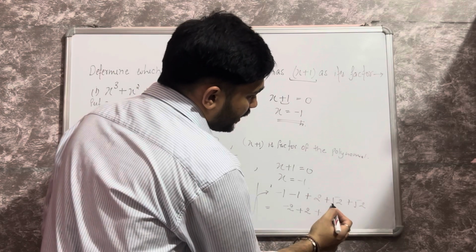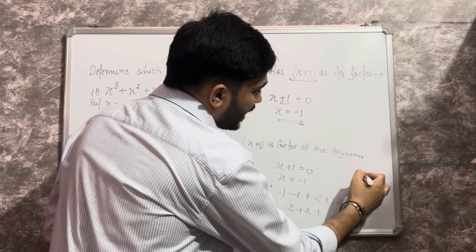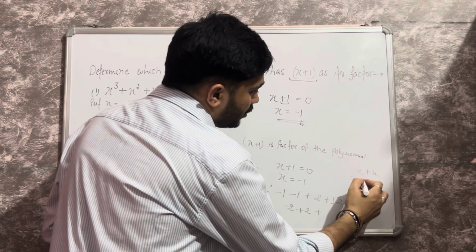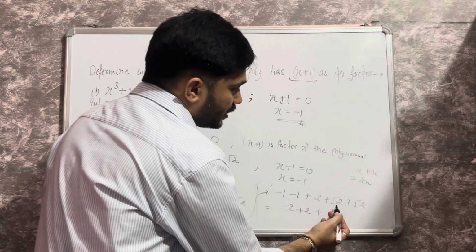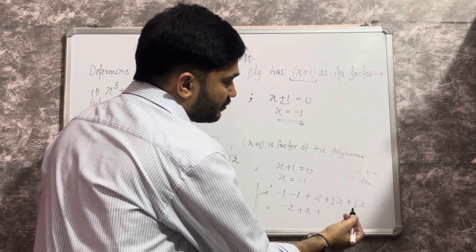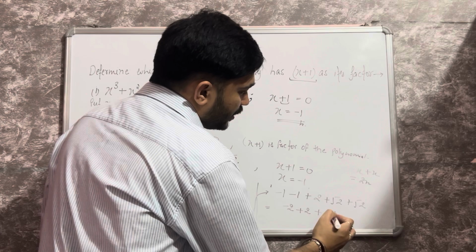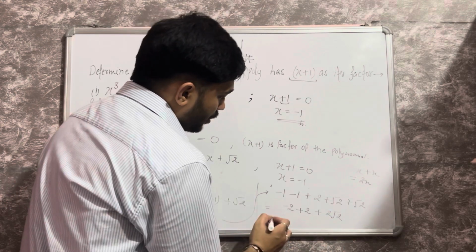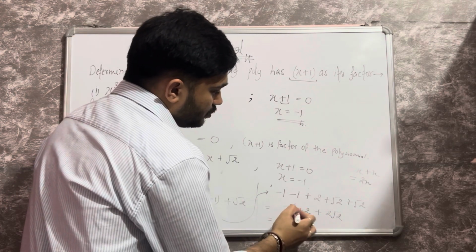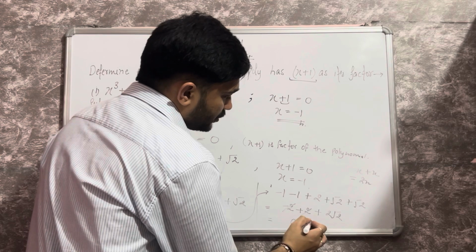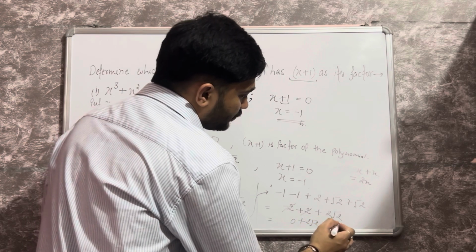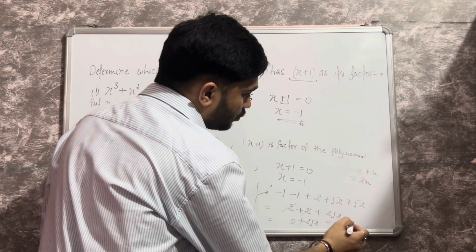Take this under root as a variable, so x plus x is 2x. Similarly, this under root 2 and under root 2 are acting as variables here. So our answer will be 2 under root 2. Minus 2 plus 2 is 0, plus 2 under root 2. So the answer of this question is going to be 2 under root 2.